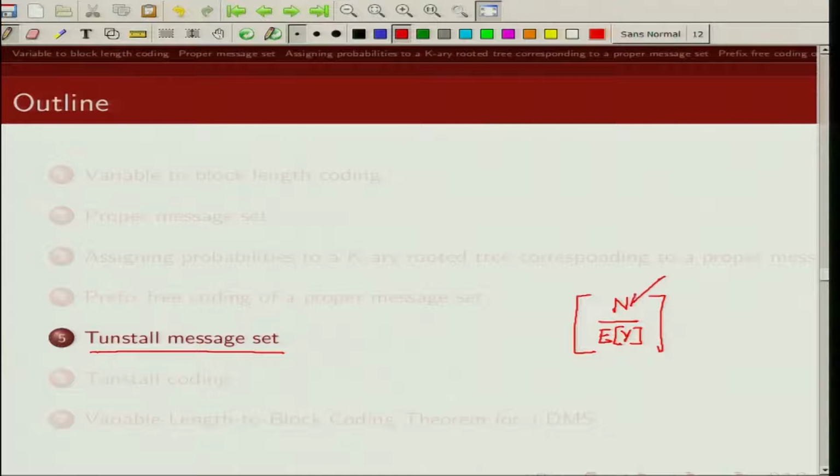This is the output code word length, this is the input to the block encoder. Because n is fixed, I want to maximize my expected value of Y.